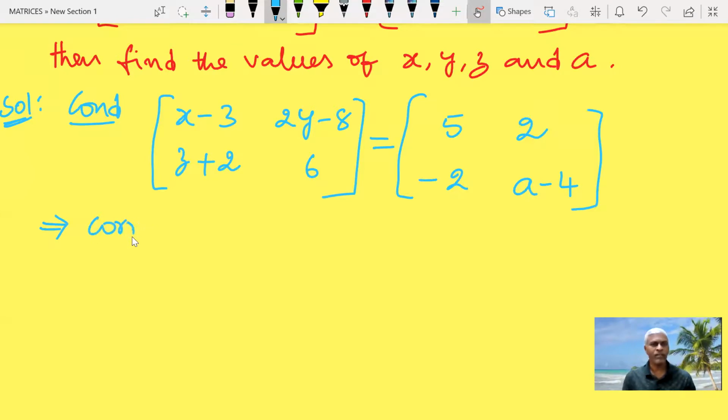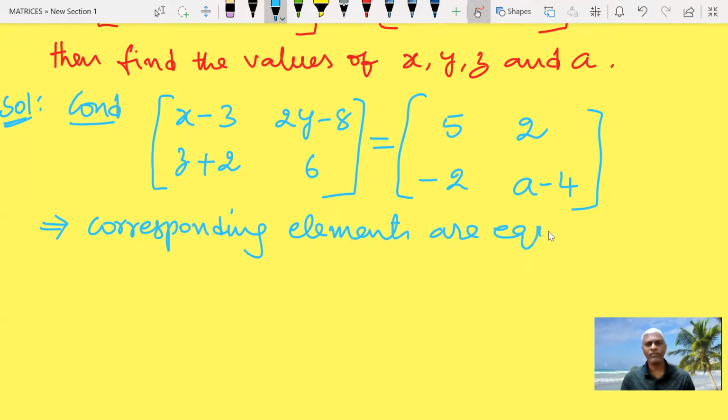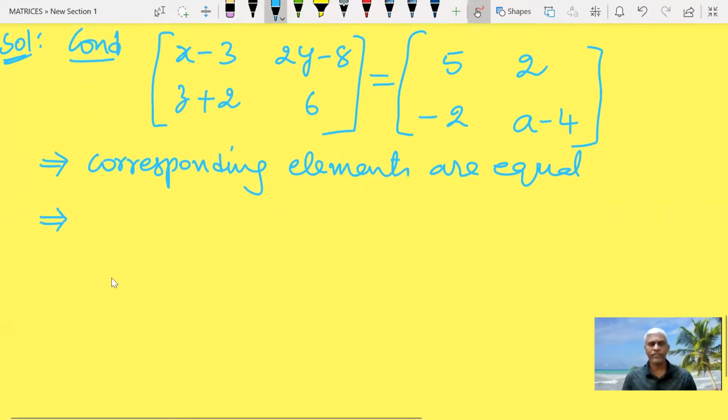So this implies the corresponding elements are equal. So x minus 3, the first element, should be equal to the first element. So we get x minus 3 is equal to 5.